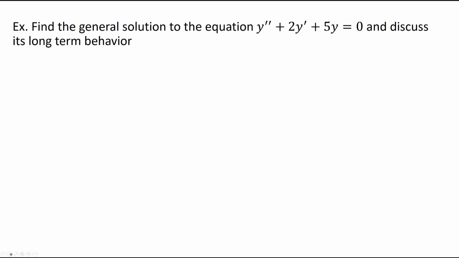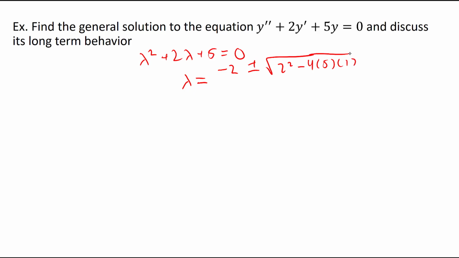To look at a specific example, let's apply this kind of reasoning to the differential equation y double prime plus 2y prime plus 5y equals 0. The characteristic equation in this example is now lambda squared plus 2 lambda plus 5 equals 0, which, using the quadratic formula, we can obtain a solution of negative 2 plus or minus the square root of 2 squared minus 4AC, over 2A.